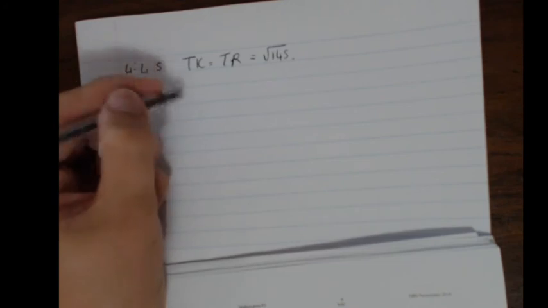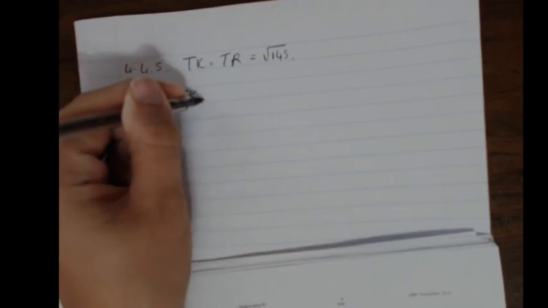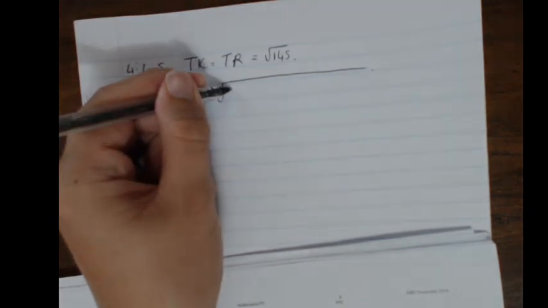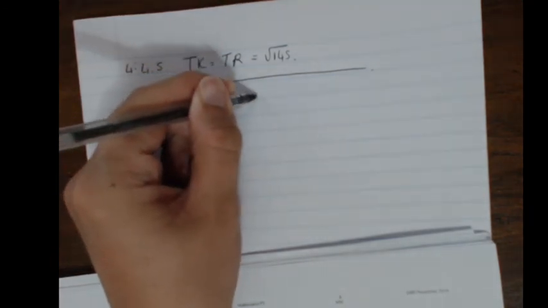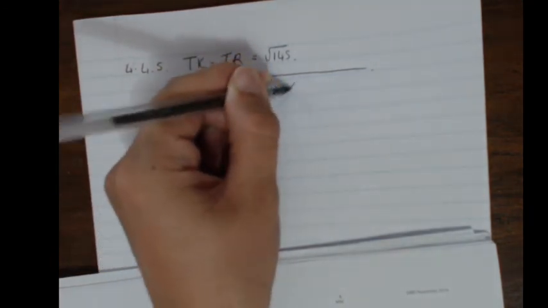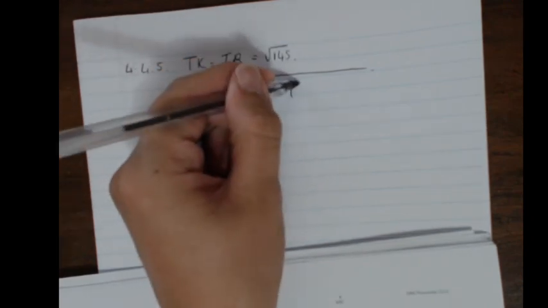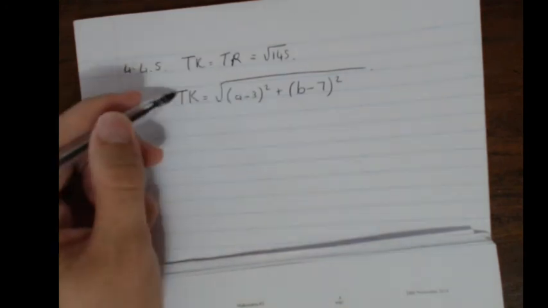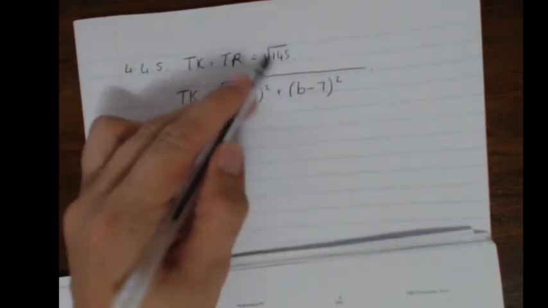So TK is going to be the root of the difference in x, a minus 3 squared, plus the difference in y, which is b minus 7 squared, and this should be equal to root 145, which I can substitute in there.